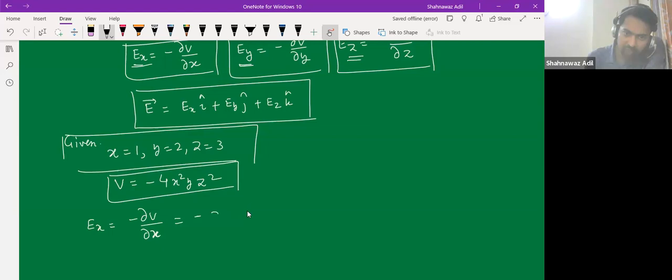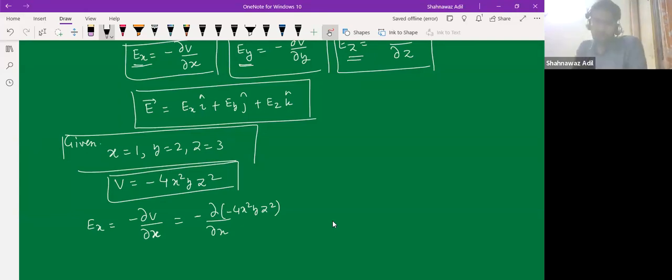So minus of minus 4x square y z square. If I'm taking the partial differentiation in terms of x, what is the variable in here? Do you guys remember this differentiation?